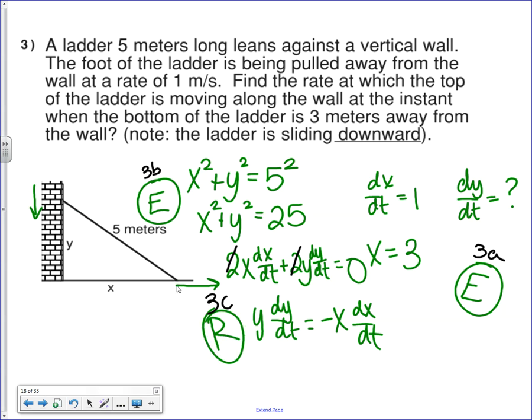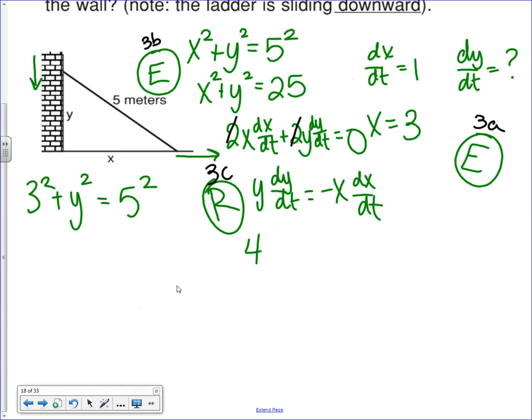Okay, so now we're ready to plug in. The problem is that I don't know what y is, but I can use a Pythagorean theorem, which is 3 squared plus y squared is equal to 5 squared. Now, this is a 3, 4, 5 triangle, so my y is going to be 4. So it should look something like that.